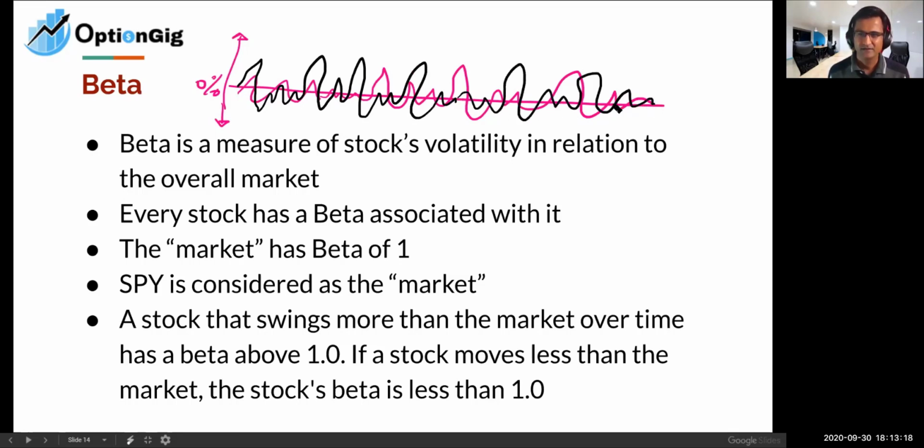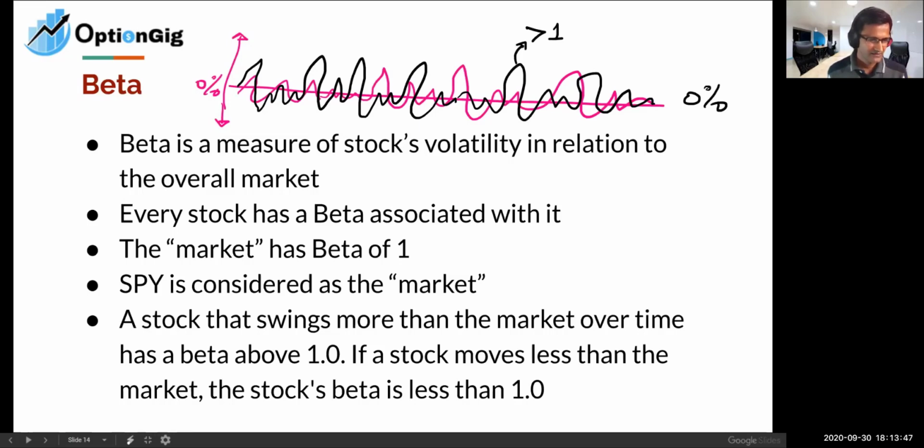At the end, from a return perspective, both of them have not done anything over this period of time. They returned 0%. But this stock is a lot more volatile than the S&P. It makes much bigger swings up or down as compared to the S&P. So this has a beta higher than 1.